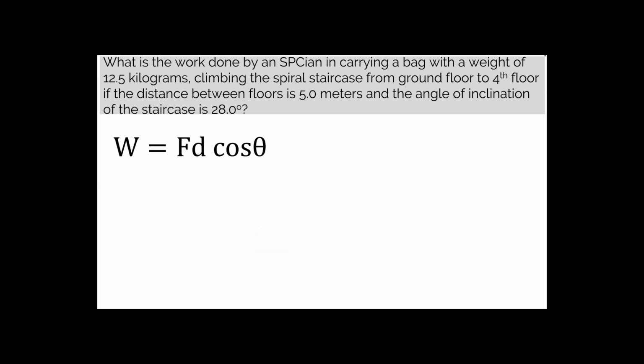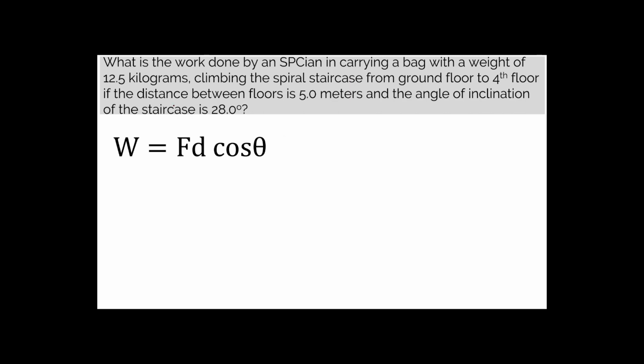The same force, since there is no specific applied force, so we will still use the minimum force required to lift a bag, which is equal to 12.5 Newton. So the same as before.